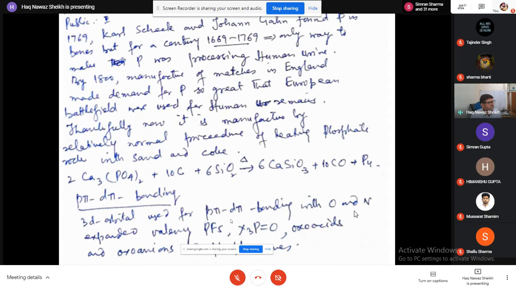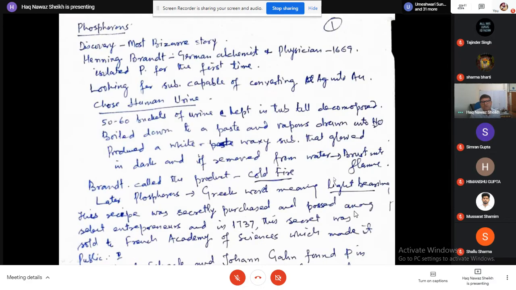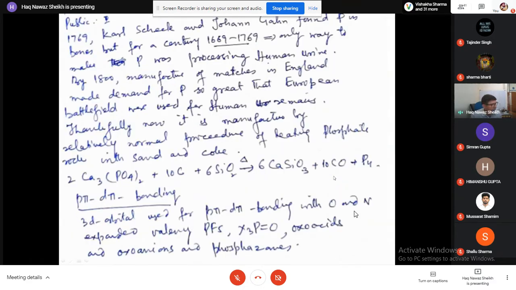And also because of the availability of the d orbital, phosphorus can extend its valency beyond 4. It forms PF5, H3PO4, oxo acids, oxo anions, and other phosphazenes, a host of other compounds which have the phosphorus atom involving the d orbital in bonding, and therefore extending its valency for forming 5 bonds.